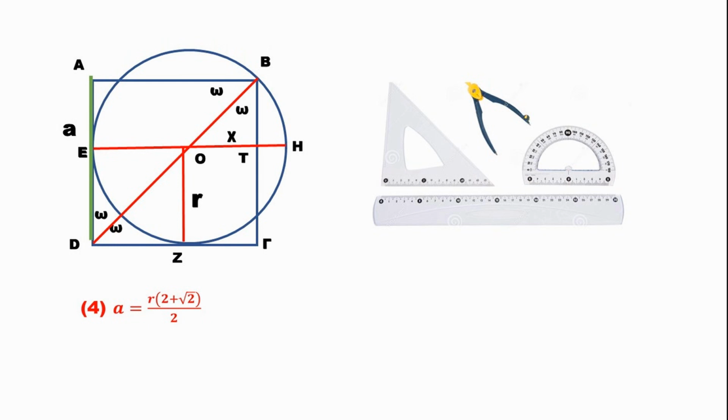The construction is possible by constructing the circle with the radius with the compass, and the square with the ruler and the compass, with the circle tangent at the point C.